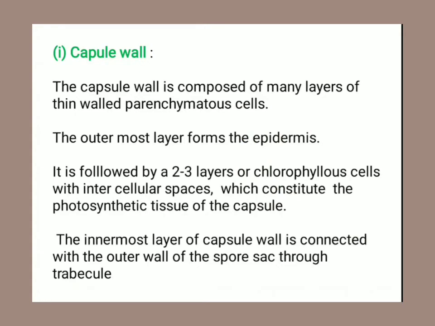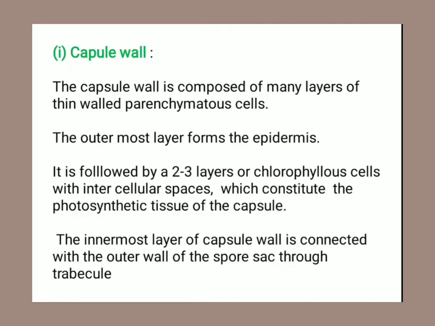The capsule wall is composed of many layers of thin-walled parenchymatous cells. The outermost layer forms the epidermis. It is followed by 2 to 3 layers of chlorophyllous cells with intercellular spaces, which form the photosynthetic tissue of the capsule.